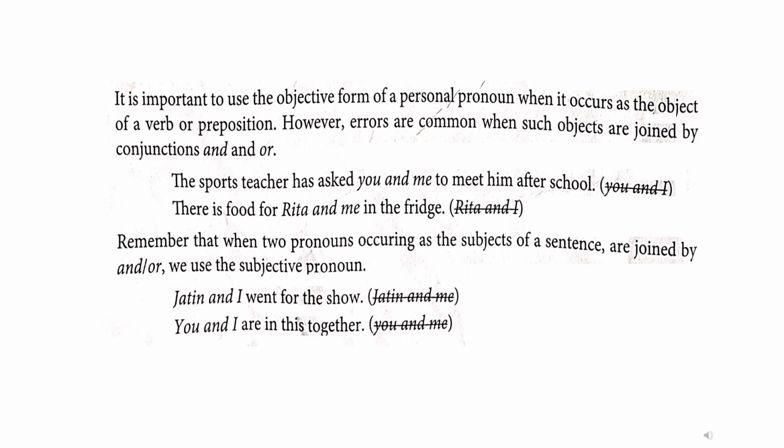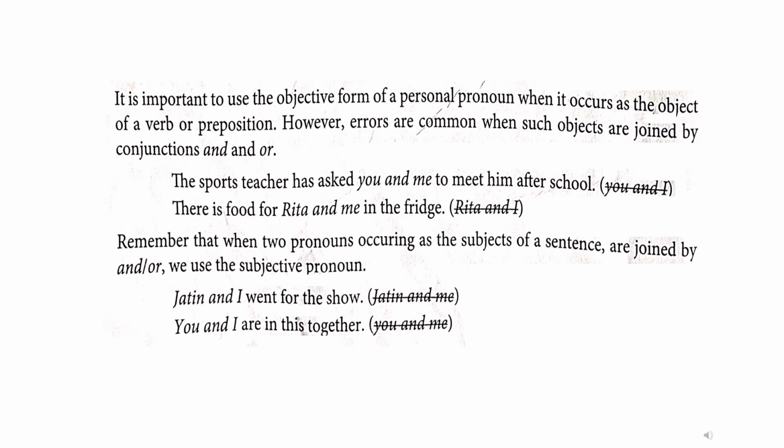Examples: The sports teacher has asked you and me to meet him after school. We do not use you and I. There is food for Rita and me in the fridge. We do not use Rita and I.